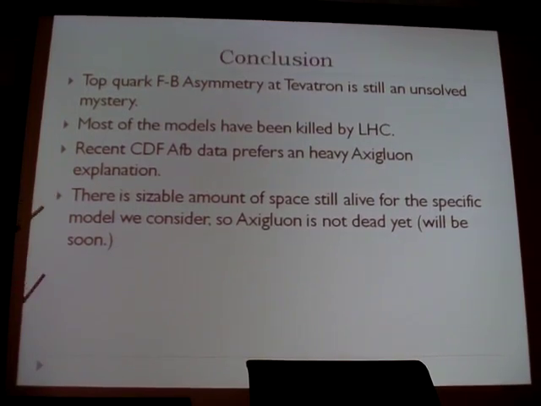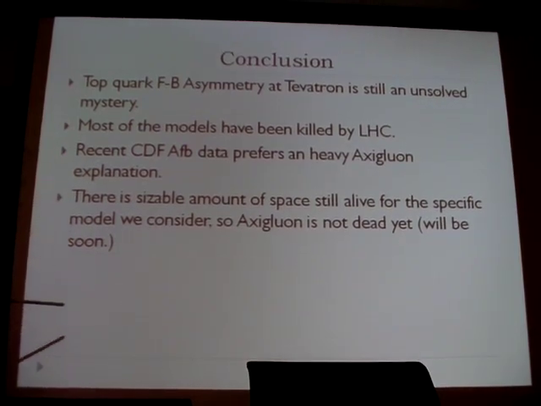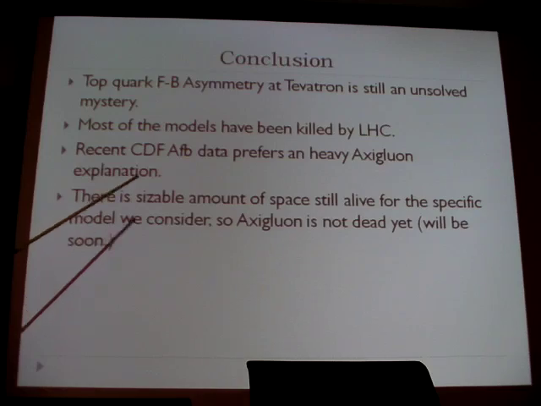And the CDF forward-backward asymmetry data shows that since the size of the asymmetry grows with the invariant mass, maybe a heavy axigluon would be preferred. And also from the result, we can see there is a small part of the region still allowed, but maybe excluded in the future. So that's my talk.